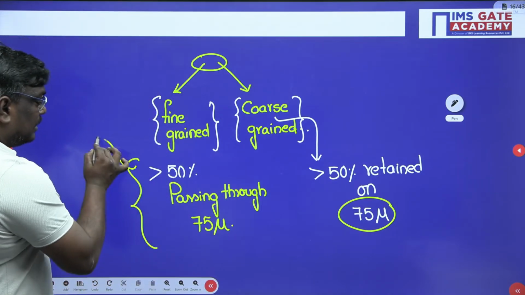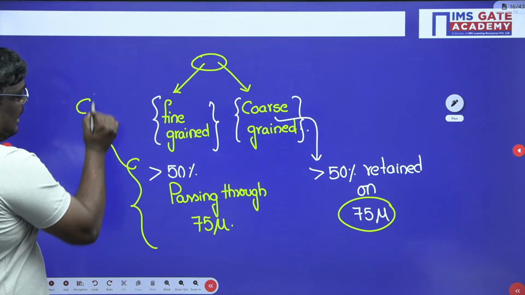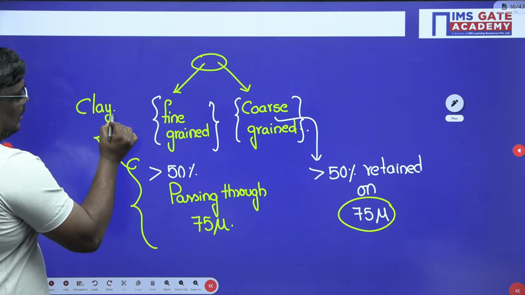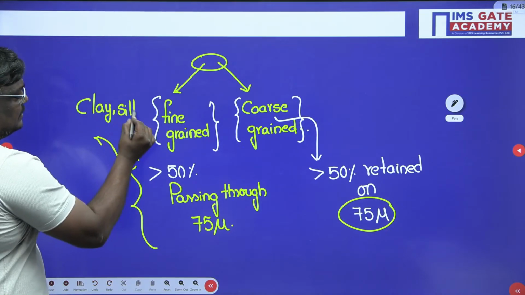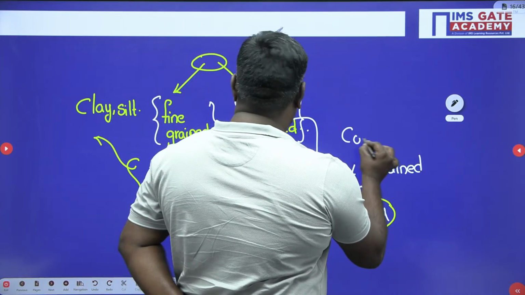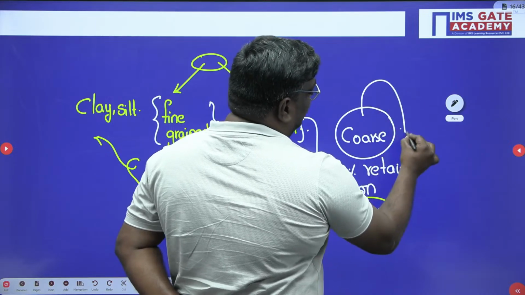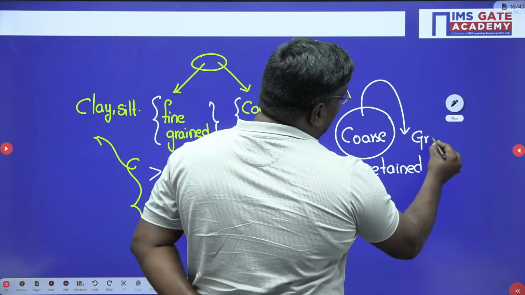Clay and silt come under fine grained particles, and gravel and sand come under coarse grained.